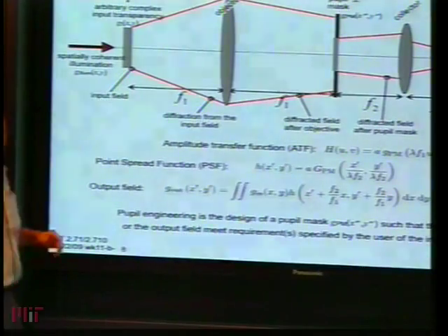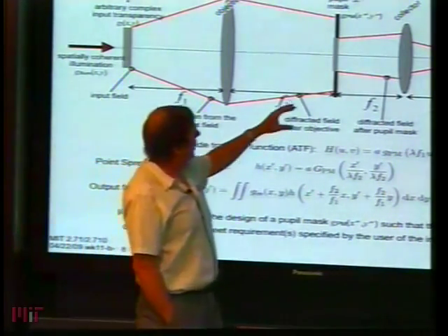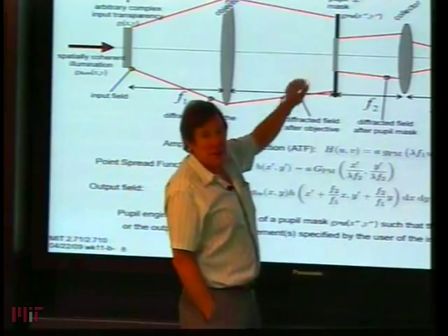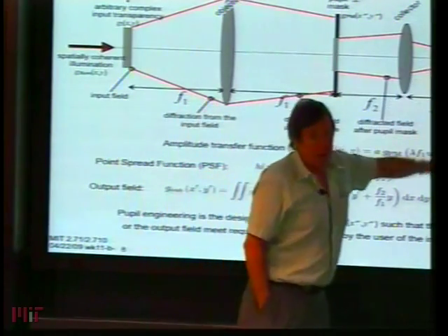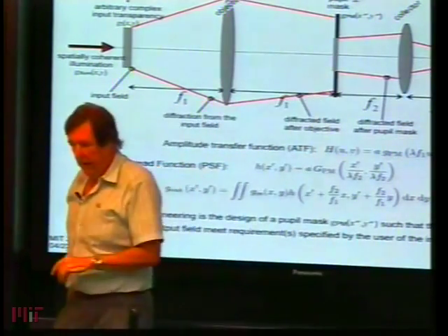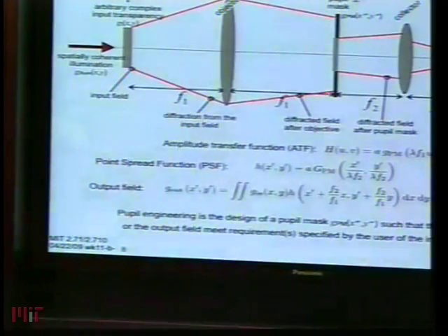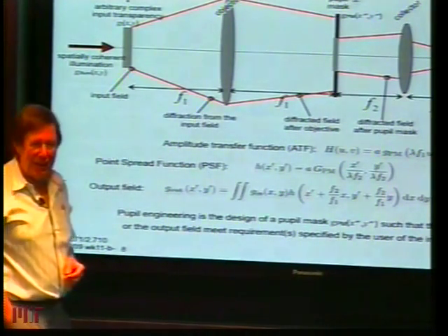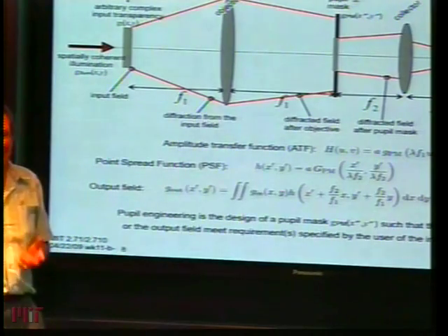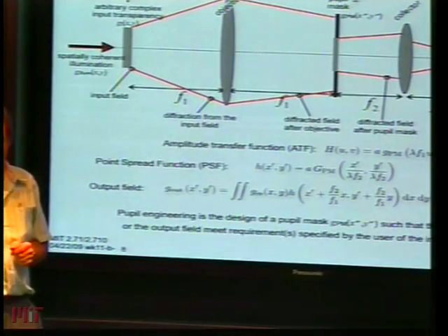But anyway, so the idea is that by changing this mask, you can improve the properties of that point spread function in some way, which would suit the particular application you're looking at. Actually, it turns out that you can't actually do a lot better normally than the very simple example of a circular aperture.